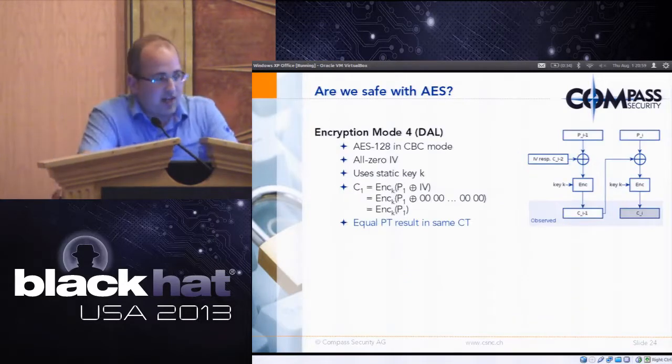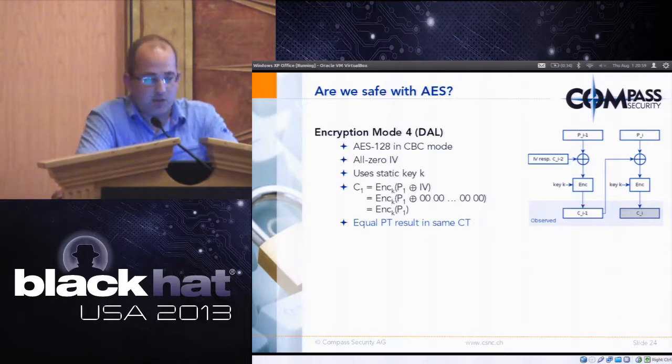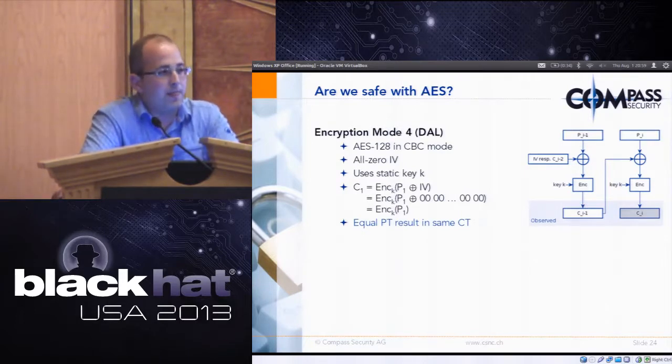AES is actually applied in CBC mode. CBC mode takes an IV, and that IV in that protocol is specified to be 0. Which means if I send a consumption value once, and in the second message the same consumption value, then the encrypted packet will not change.